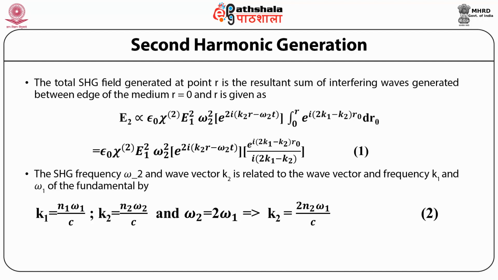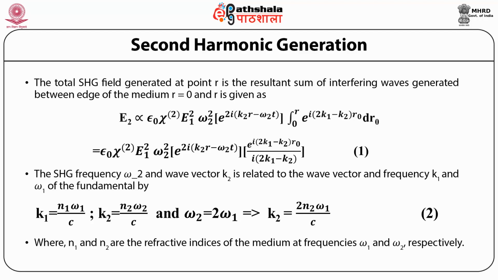That implies K2 is equal to 2 N2 omega 1 divided by C, where N1 and N2 are the refractive indices of the medium at frequencies omega 1 and omega 2 respectively.